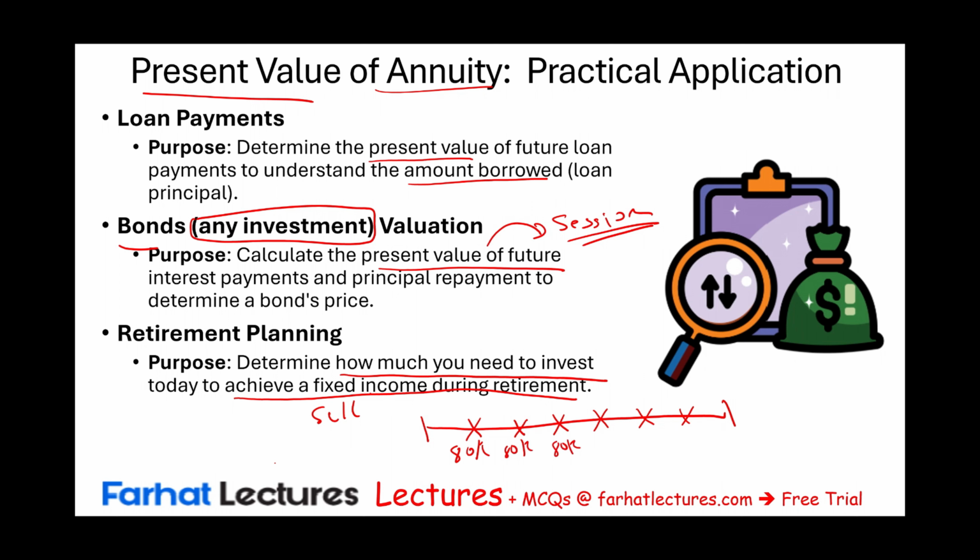So you would go to these insurance companies or investment companies and tell them, I want to buy an annuity that's going to pay me $80,000 every year for the next 25 years. And they would say, okay, based on a certain percentage, they discount this amount and they will tell you that you have to pay, for example, $380,000 or whatever the amount happens to be.